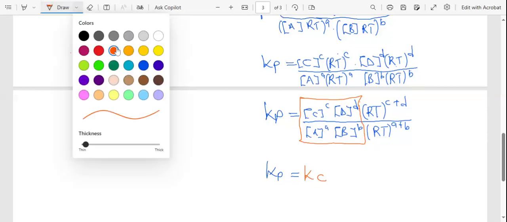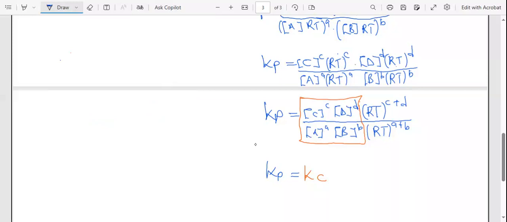So Kc, then we can see there's a change in moles. So write RT to the power C plus D, minus open bracket, A plus B. So this is just the change in moles. So we can substitute that to say Kp.